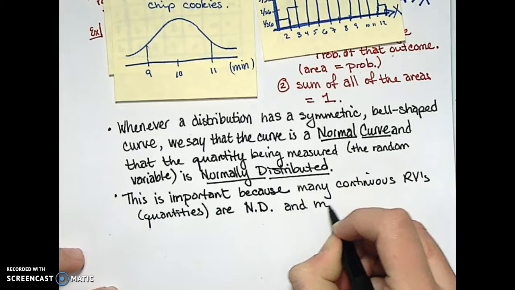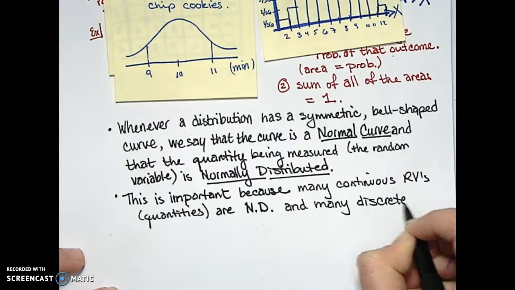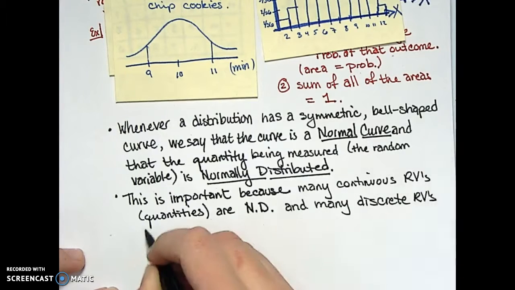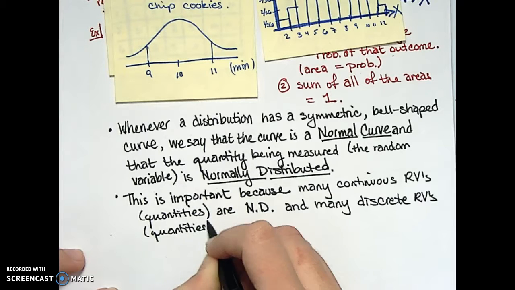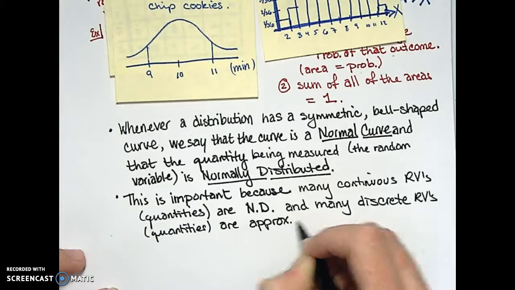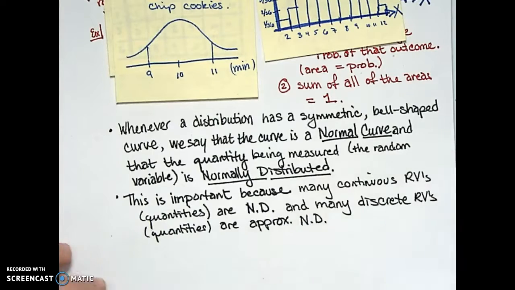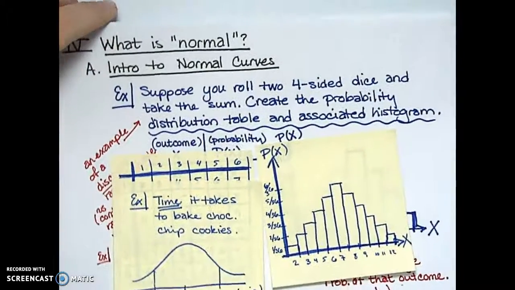And many discrete random variables or quantities are approximately normally distributed. Let's now consider the key properties of normal curves.